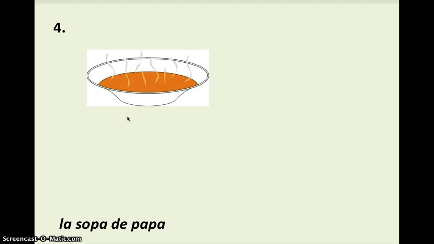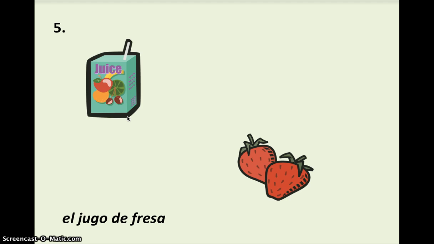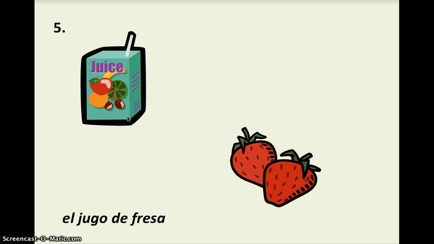If you put la sopa de papa, you are correct. Numero 5, we have juice and we have strawberries. So how would you say strawberry juice? In Spanish, to say strawberry juice, it is el jugo de fresa, the juice of strawberry.